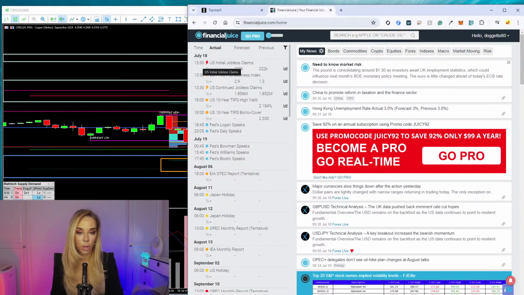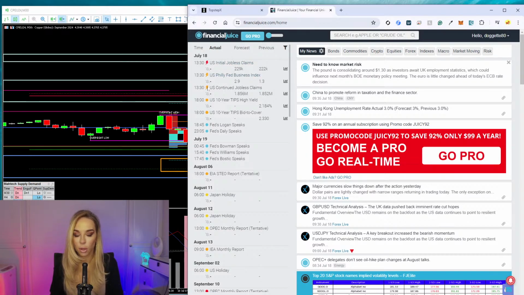Like, for example, today you can see this super fast release, this red lightning rod here. That means it's a release that might cause you trouble, right? If you're in a live account, you might get slippage. It's not a great idea to hold your positions through this. And we usually have the initial jobless claims anyway on Thursdays at 1:30 p.m. my time.